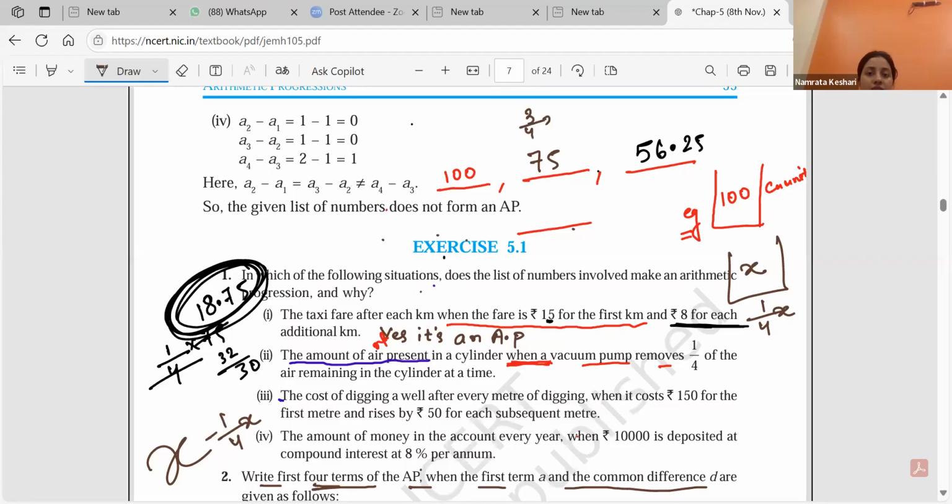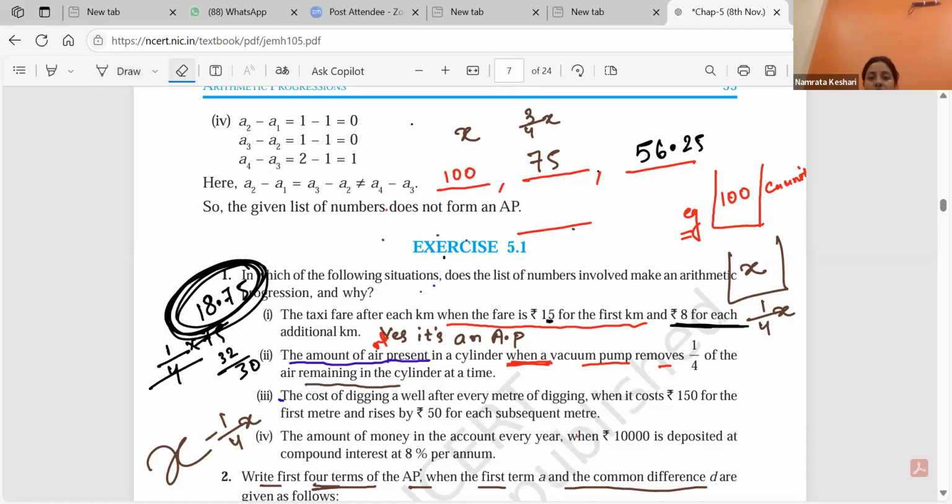Ma'am, first you did and you got 75% left, right? So again, you should get 50%, right? No, it is not taking the whole 1/4; it is 1/4 of the remaining air, it says. Oh, okay.